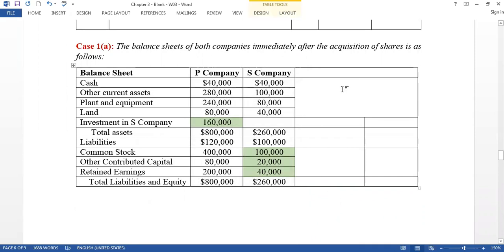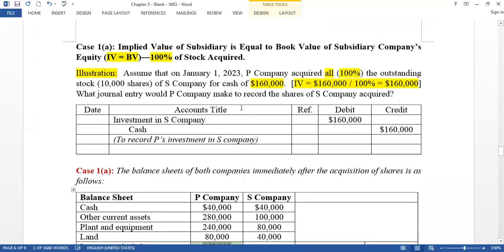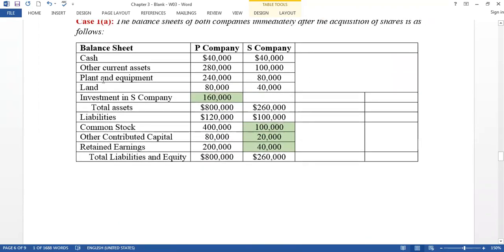Now, according to this question, this is our investment, right? $160,000 is our investment. So it is here. Investment in subsidiary company, $160,000. So this is the price paid, $160,000.